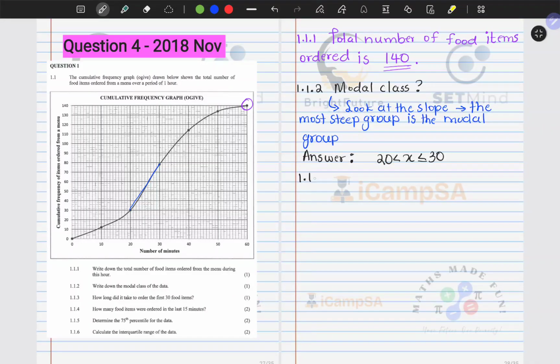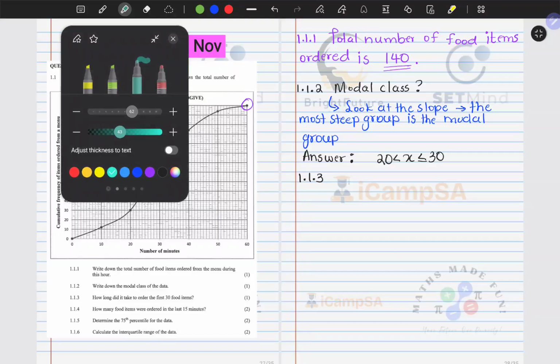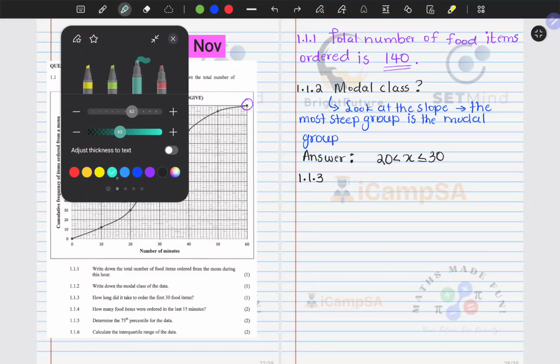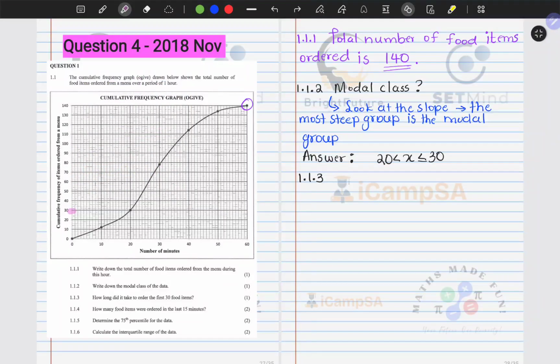Then let's have a look at 1.1.3. So we are asked, how long did it take to order the first 30 food items? Okay, so let's figure out here. So if we go to the first 30 food items, let me use pink.